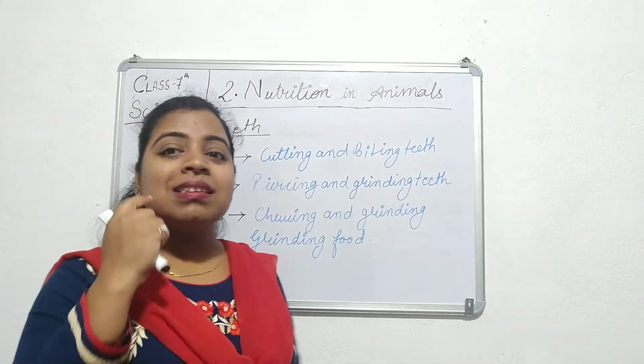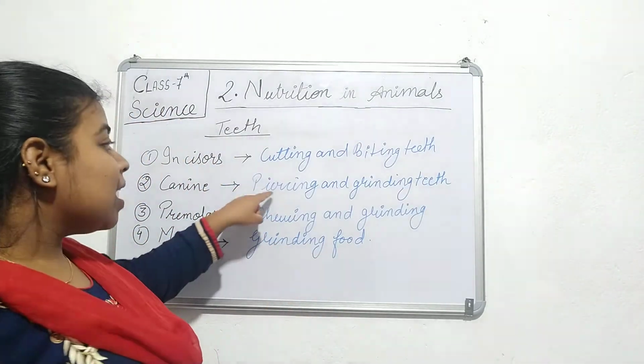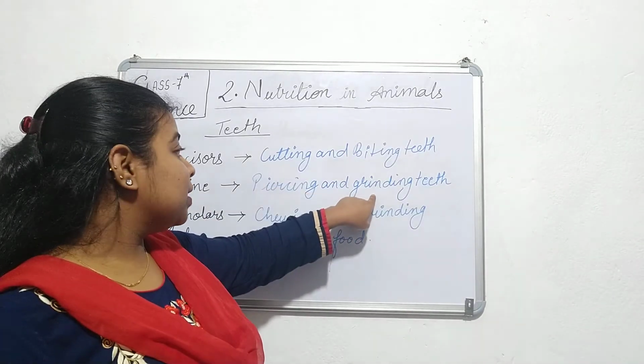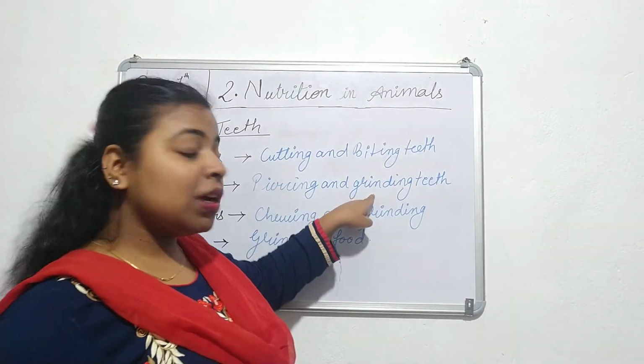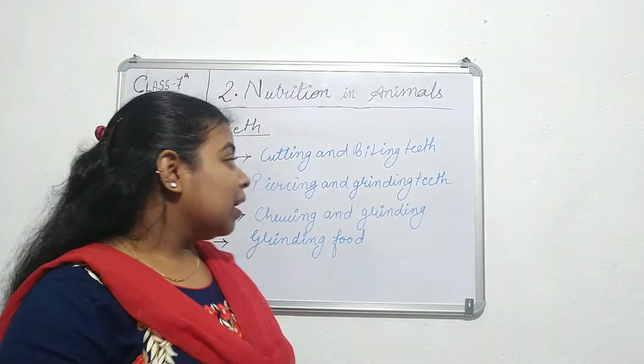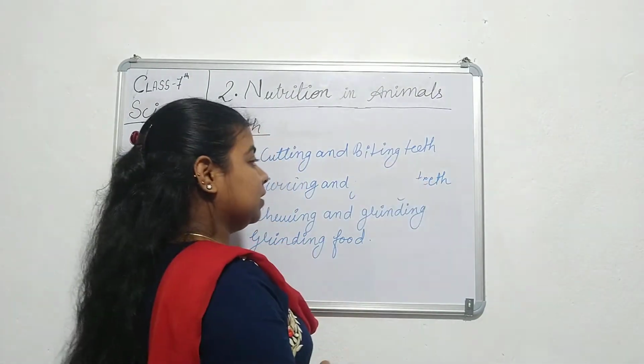After incisors there are sharp teeth which are known as canines. Canines are piercing and tearing teeth. Here I have to write piercing and tearing teeth.